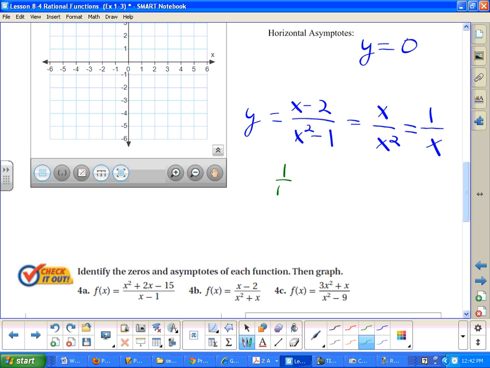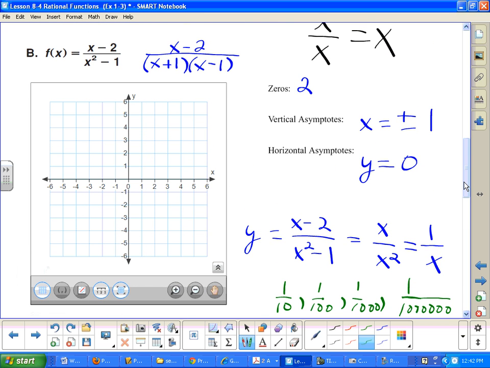If I have 1/10, 1 over 100, 1 over 1,000, 1 over 1,000,000, what's happening to that number all the time? It's getting smaller, but it's getting closer and closer to what number? 0. So y equals 0. There's our horizontal asymptote.